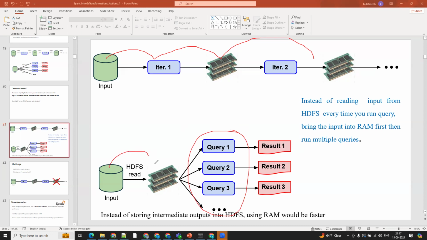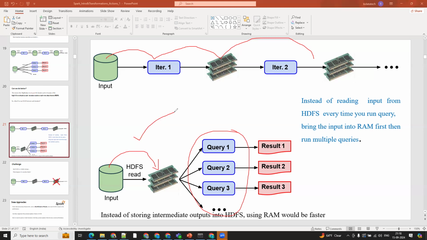You store the data in the RAM memory of the Hadoop cluster, so that you perform whatever you want on top of it, transformations, whatever you want. This is the start point of Spark actually.